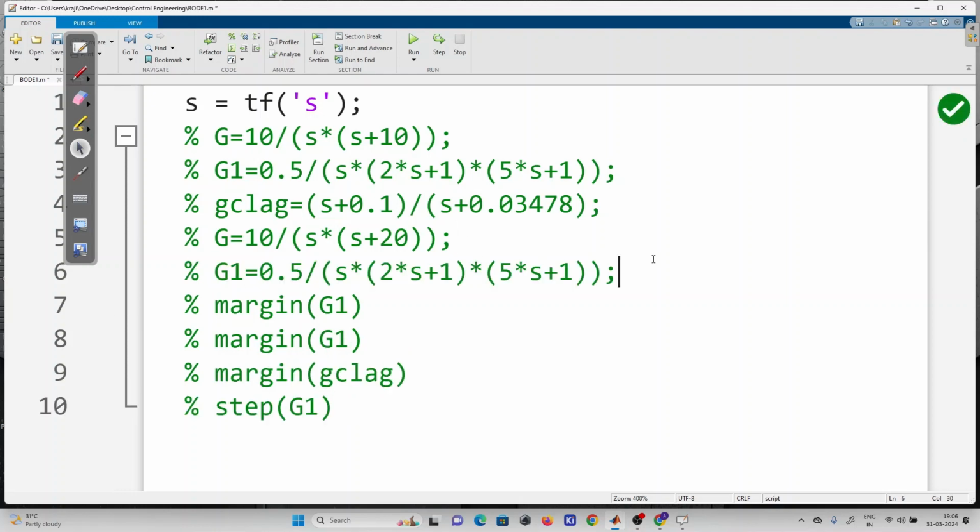G1 is equal to (s minus 1) divided by s into (s plus 1).